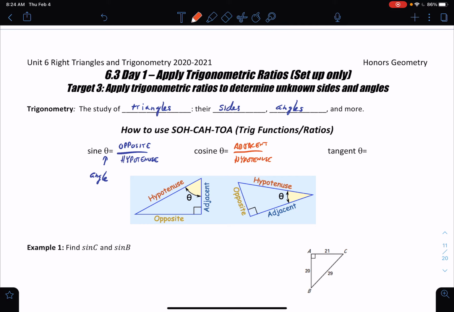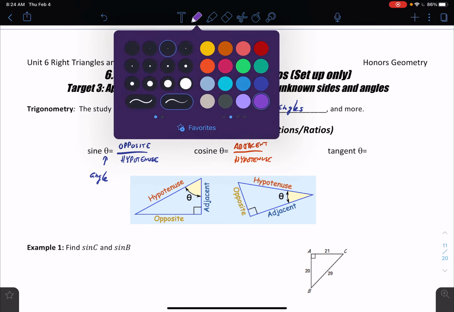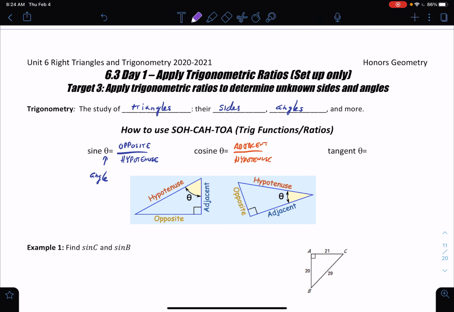Next up is tangent. So tangent of theta is going to be opposite over adjacent. So this one doesn't deal with the hypotenuse. I identify my theta, and then the opposite over the adjacent. The opposite is the side that doesn't touch it, and the adjacent is the leg that does touch it. That's right next to it.